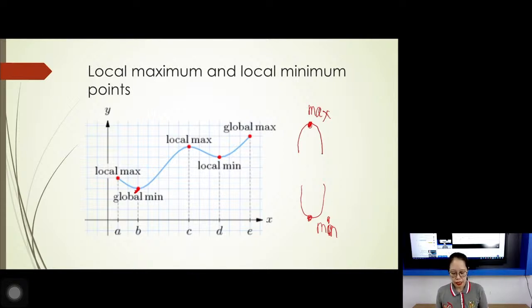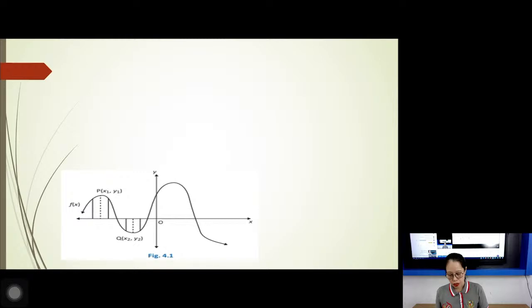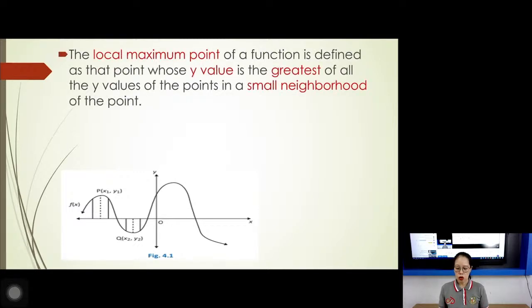Okay, so let's dig deeper. So we have here another illustration. The local maximum point of a function is defined as that point whose y value is the greatest of all the y values of the points in a small neighborhood. So by the word local, it means it's only inside, right?